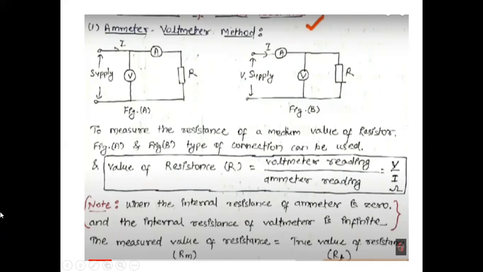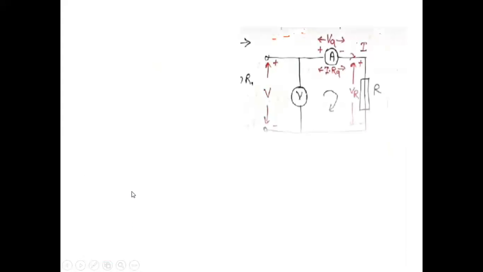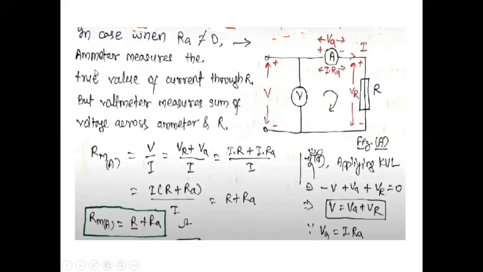But suppose the ammeter has some small internal resistance, say 1 ohm or 2 ohm, then this will produce an error. In that case, if Ra, the internal resistance of the ammeter, is not equal to 0, it will cause an error.